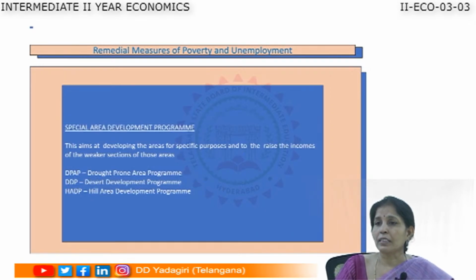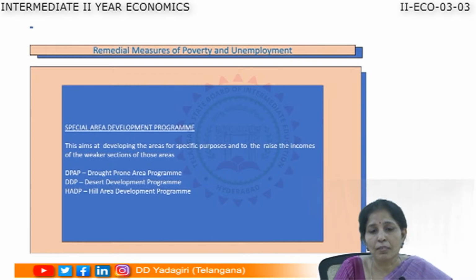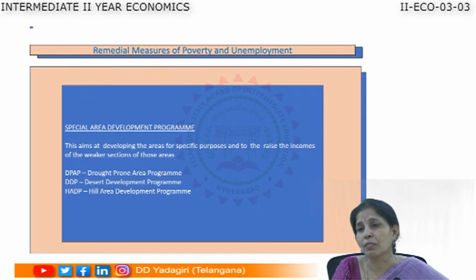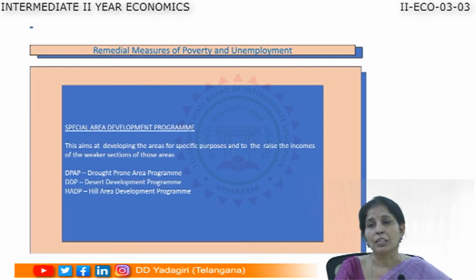The next one is, there are certain areas which are affected by natural calamities. It could be famines, it could be drought, it could be floods. So these areas require some extra attention and specific programs can support to uplift these areas. To have a look at these programs, the Special Area Development Program, what is SADP?